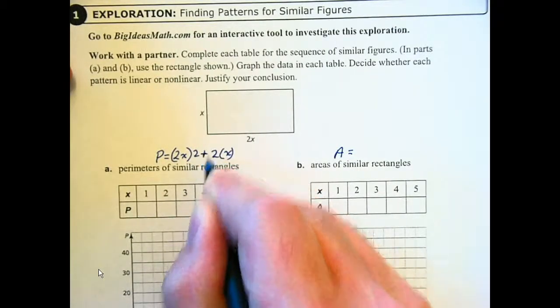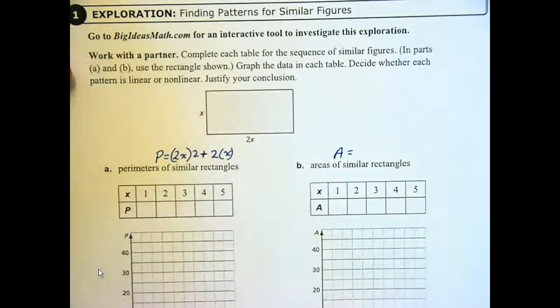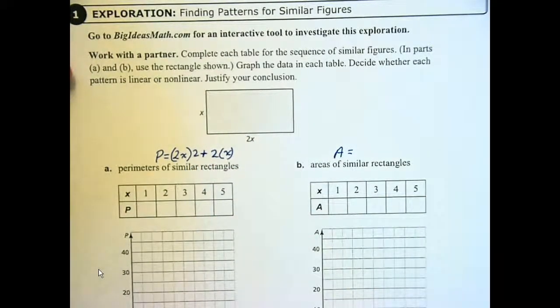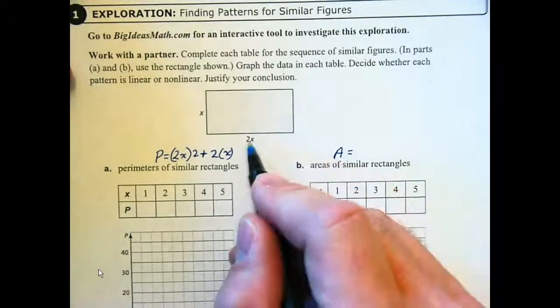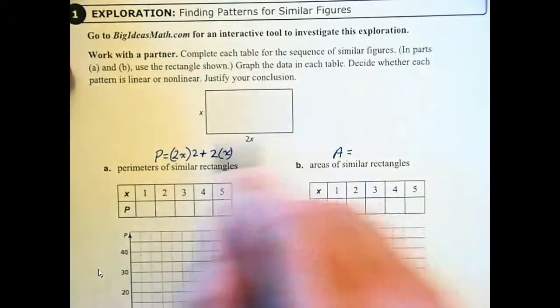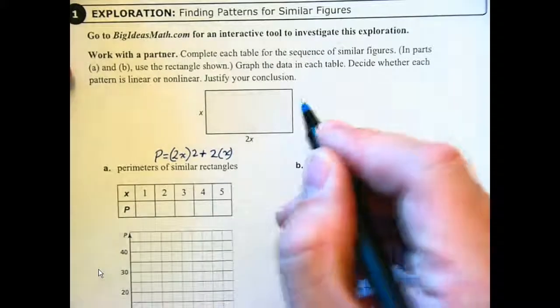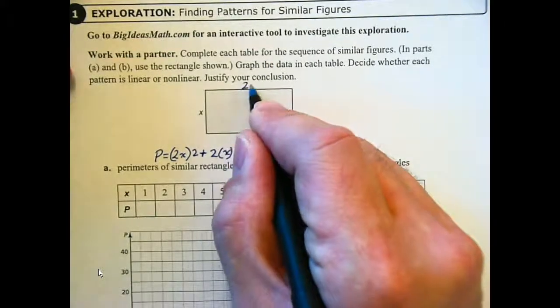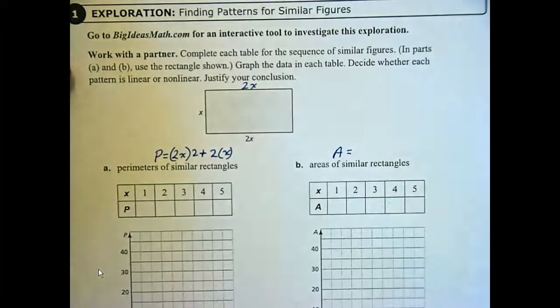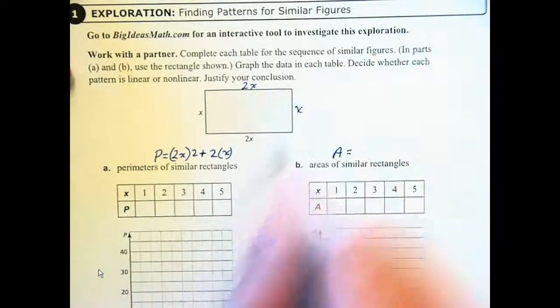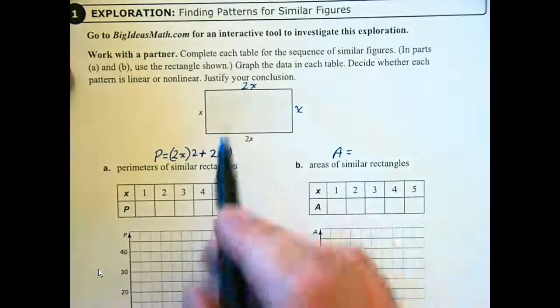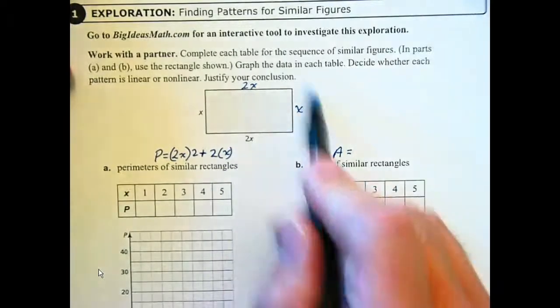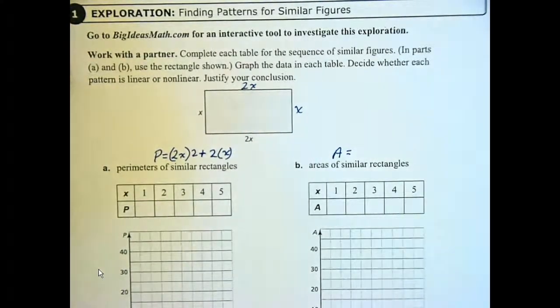All right, so where did you get the 2x times 2? Okay, so you get 2x. Where's the other 2x? Okay, you got that one up there as well. Okay, and then you have this x over here. So that's one way to write it. Or you could just say 2x plus 2x plus x. Perimeter's distance around.